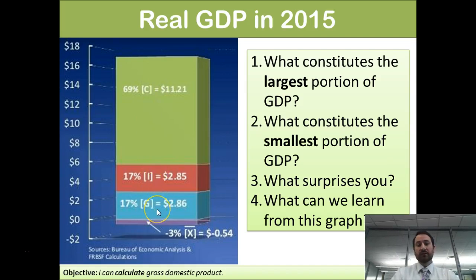If our government leaders changed laws or policies that would increase or decrease government spending, that would affect this number right here. All right, so those are all other indicators that economists would be paying attention to as they analyze economic data, especially GDP.